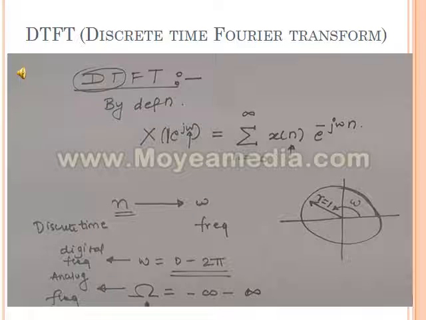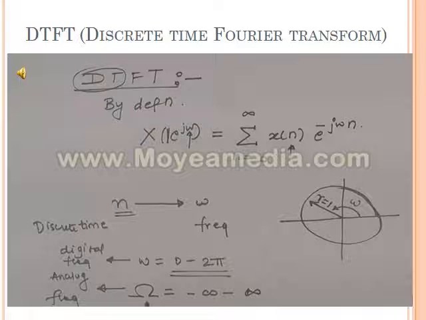Now, omega is nothing but the digital frequency. So omega varies from 0 to pi and then from pi to 2 pi. When it completes one circle, the range is from 0 to 2 pi, and after that it is periodic in nature.